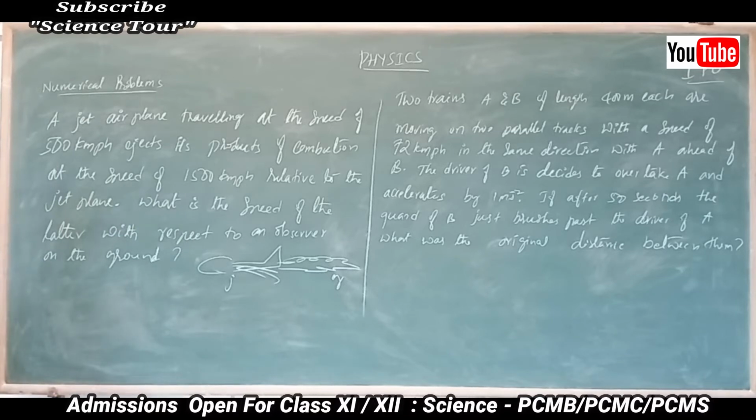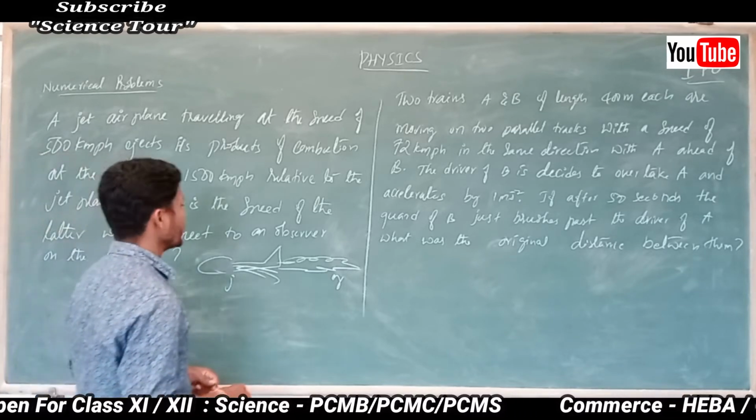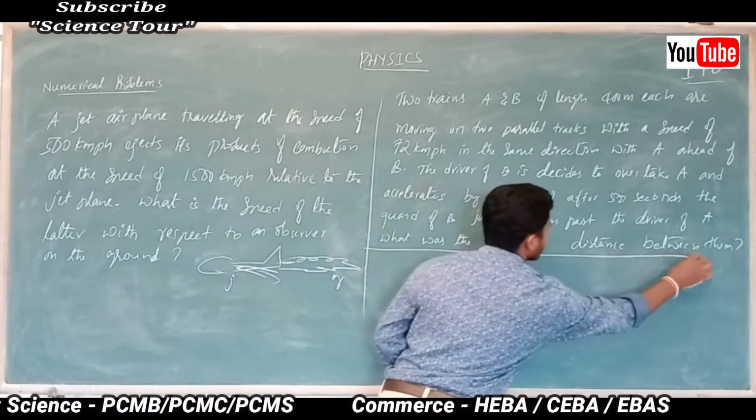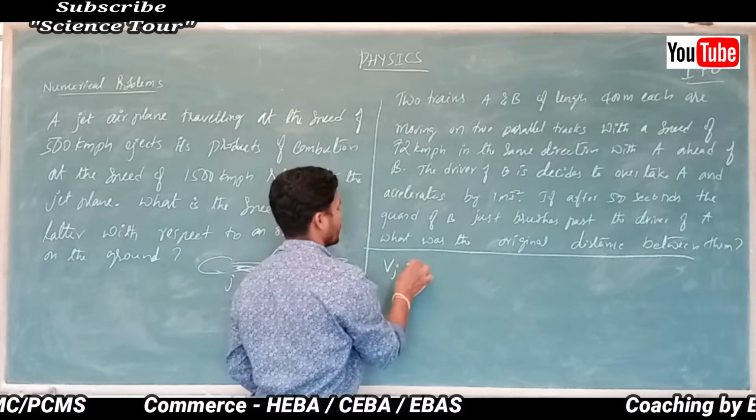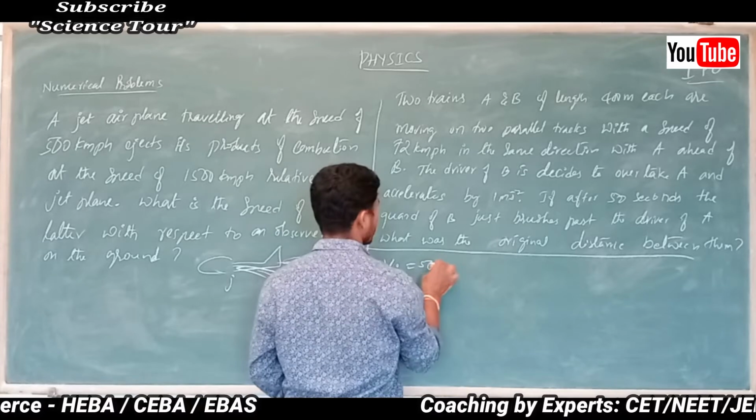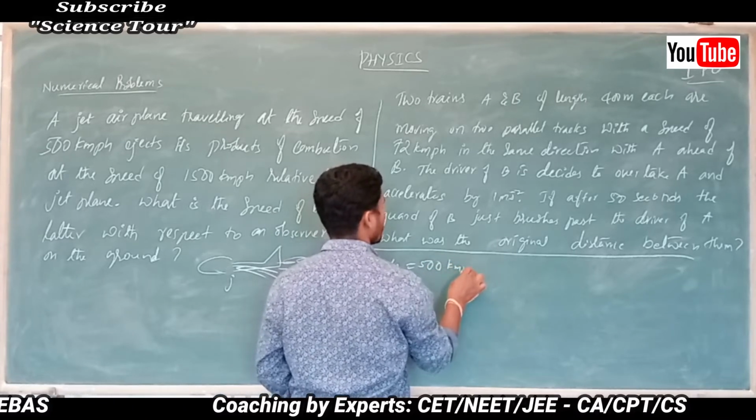A jet airplane traveling at the speed of 500 km per hour means the velocity of the jet airplane is 500 km per hour.